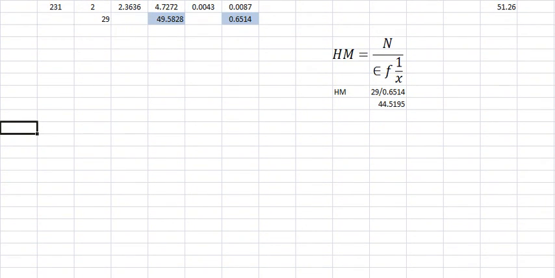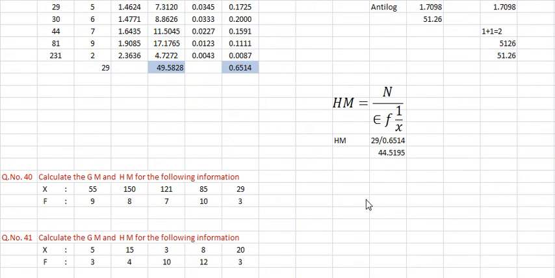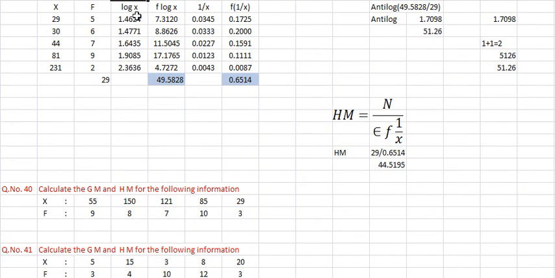Now I will assign you 2 questions based on the same, that is harmonic mean and geometric mean on group data. That is question number 40, right? Okay, the assigned questions are question number 40 and question number 41. So question number 40 is not a problem for you. Question number 41, when you are finding this log x, you see here 5. 5 means one place minus 1 means 0.